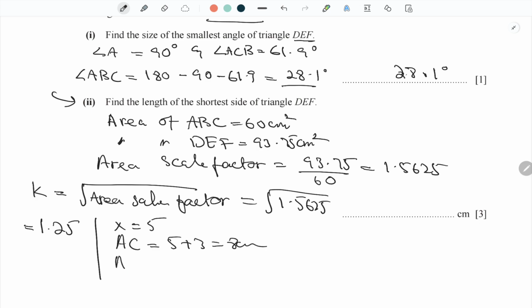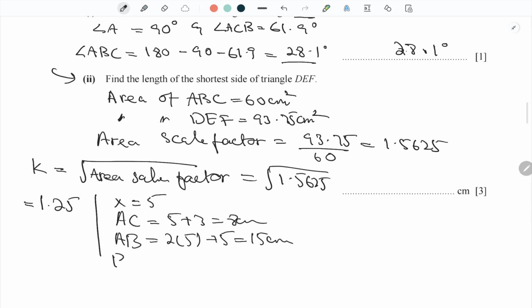And now side AB we just substitute here. I hope we already did this part before, I just write it. Now we find BC. We substitute the values, that means 8 squared and 15 squared. 8 squared is 64, and 15 squared is 225.